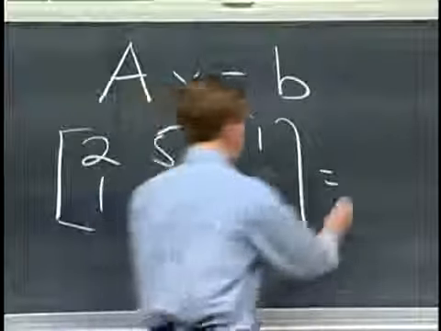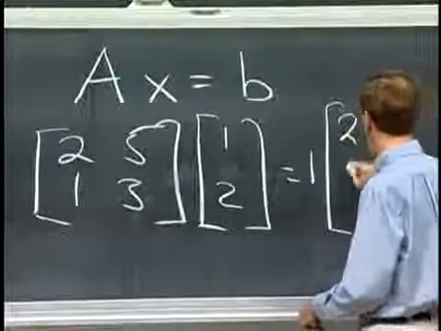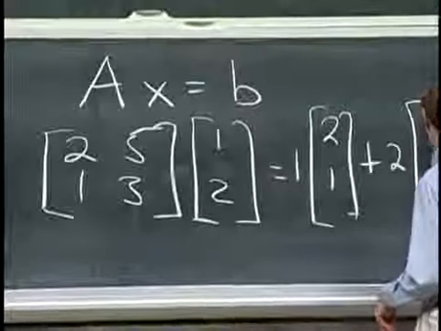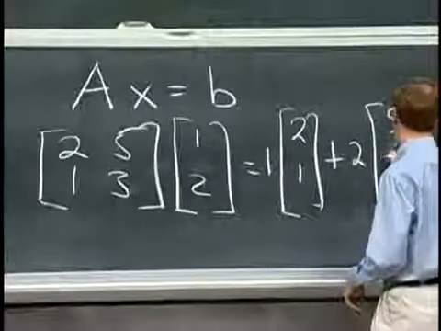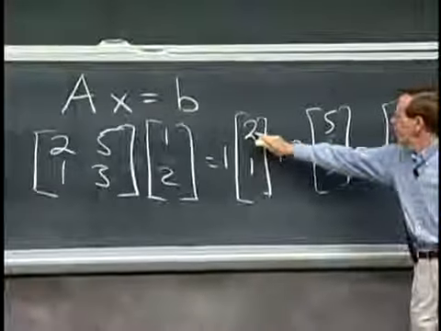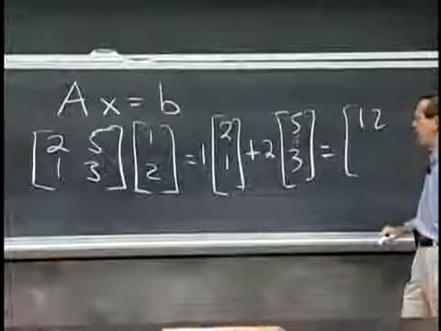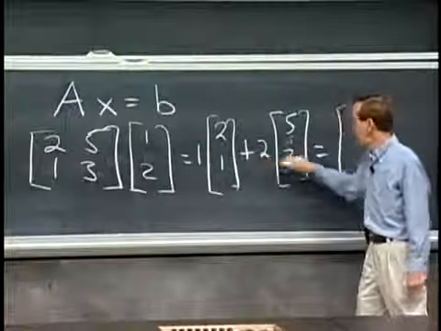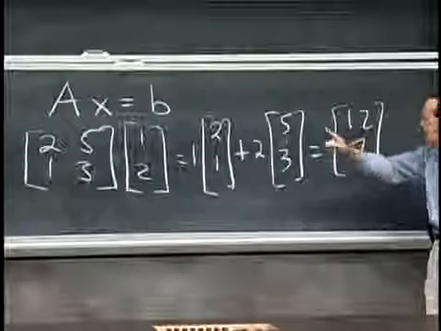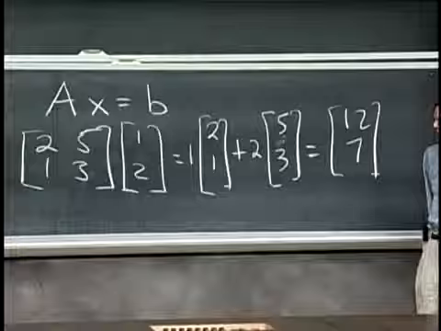So the way I would think of it is 1 of the first column and 2 of the second column, and let's just see what we get. In the first component, I'm getting a 2 and a 10. I'm getting a 12 there. In the second component, I'm getting a 1 and a 6. I'm getting a 7. So that matrix times that vector is 12, 7.